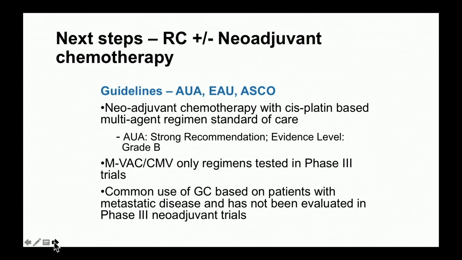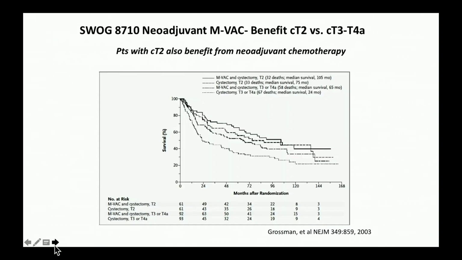So the guidelines would say to go ahead and give this patient neoadjuvant chemotherapy. And what's interesting is that even with patients with clinical T2, people ask the question, well, my patient, this guy had a small tumor, completely resected. Does he really need neoadjuvant chemotherapy?